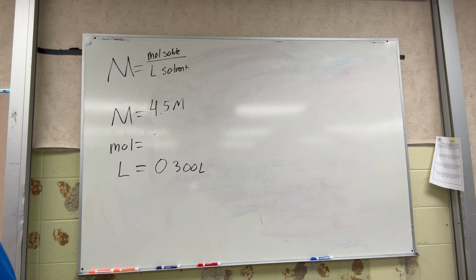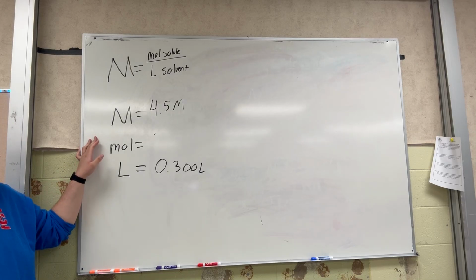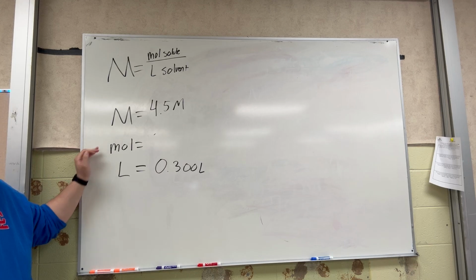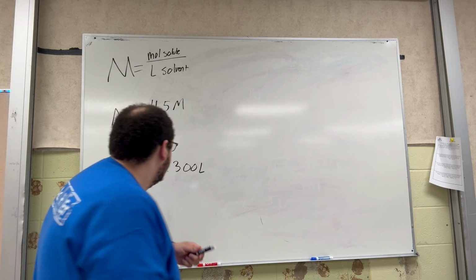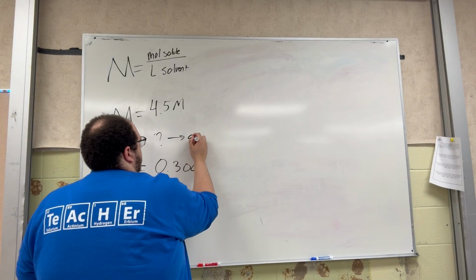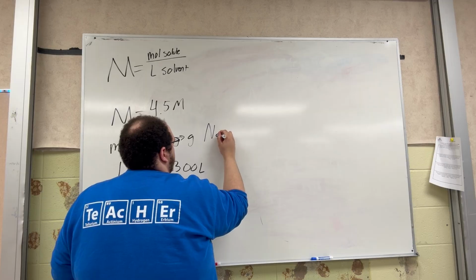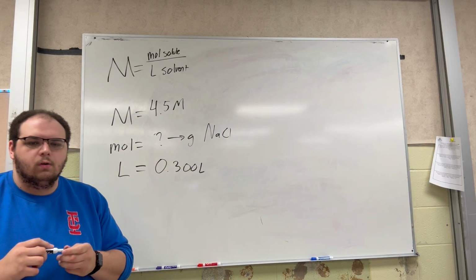But using my formula, can I solve for moles? Do I know how to convert moles to grams? I sure do. Stoichiometry. So the way that I write this is like this. I need to use moles to find grams of sodium chloride.